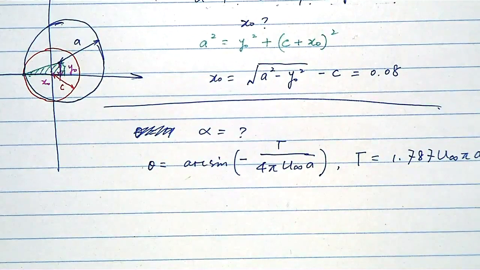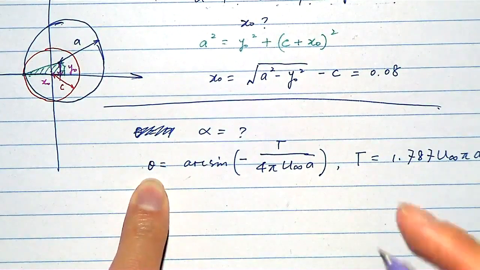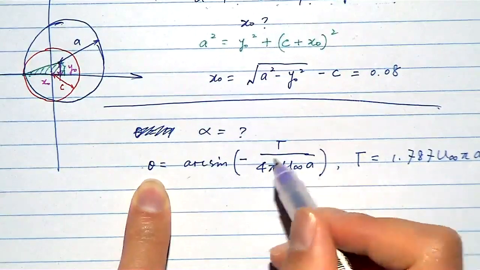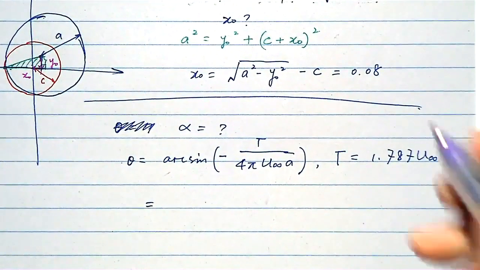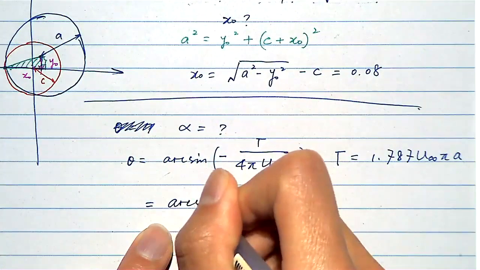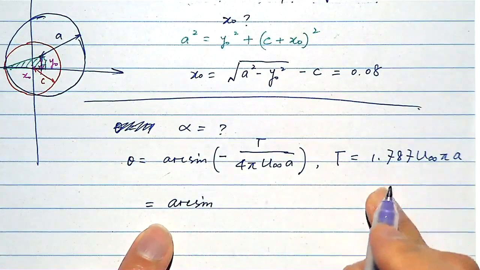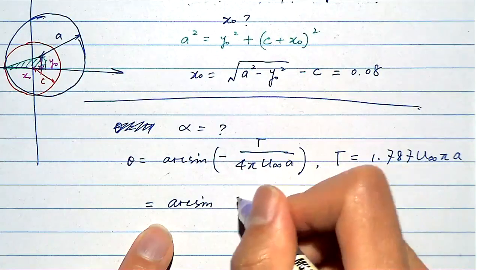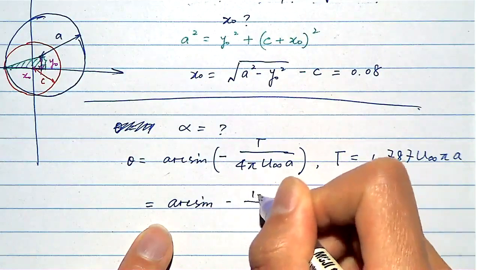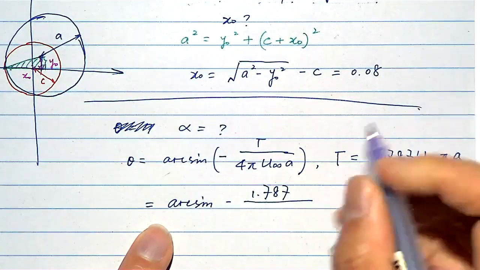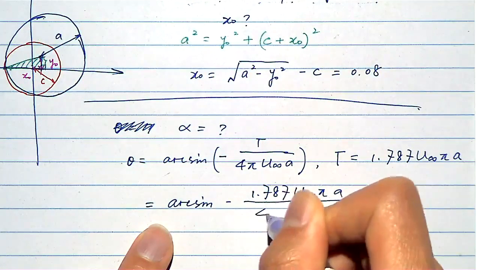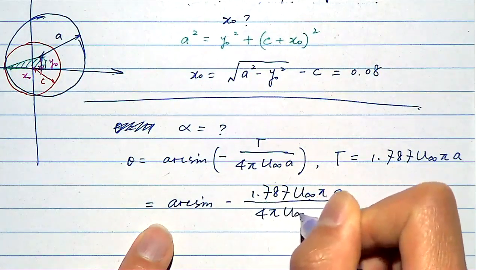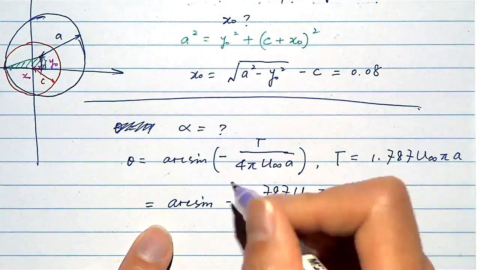So to get theta, we can plug gamma into this equation. So we get theta equals arc sine, substitute that into this equation, we got negative 1.787 u infinity pi a divided by 4 pi u infinity a.